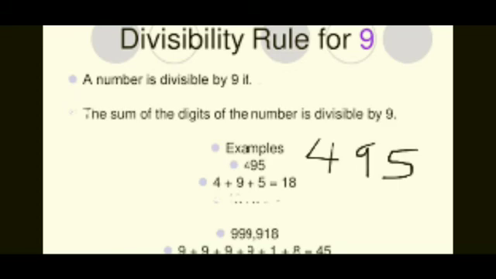Okay, a number is divisible by 9 if the sum of the digits of the number is divisible by 9.